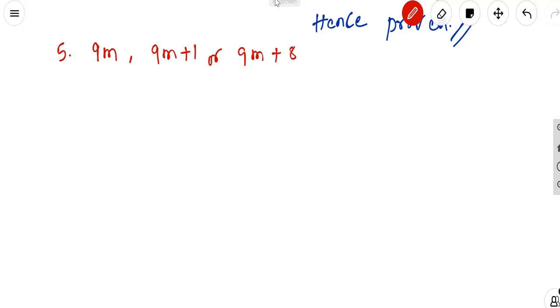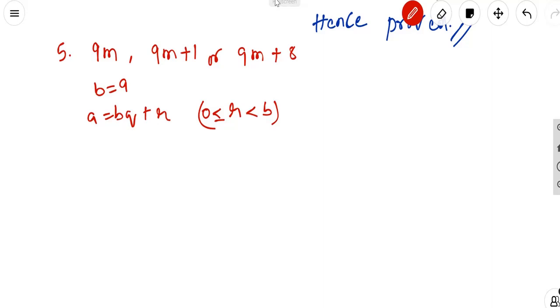Now by using the Euclid algorithm, b will be equal to 9. The formula is a is equal to bq plus r, where r is greater than or equal to 0 and less than b.